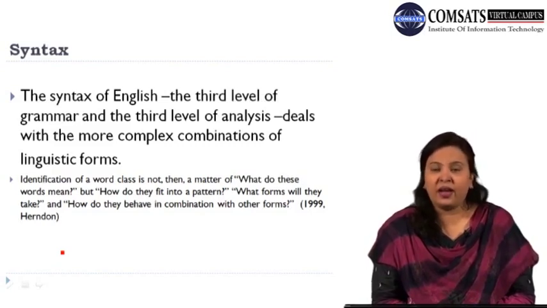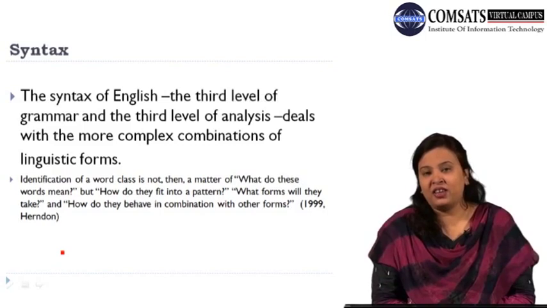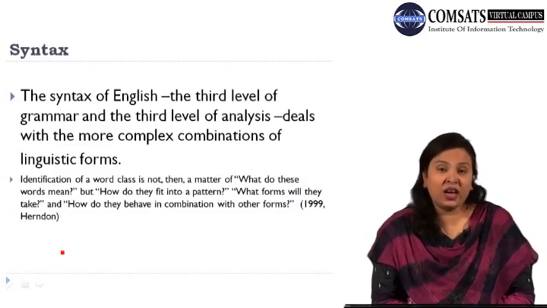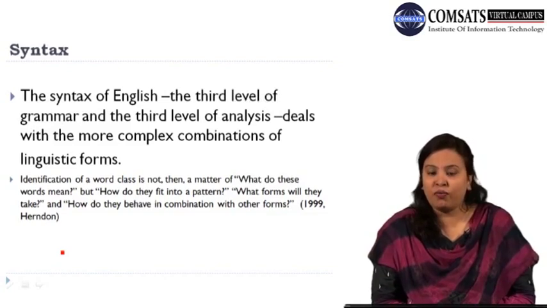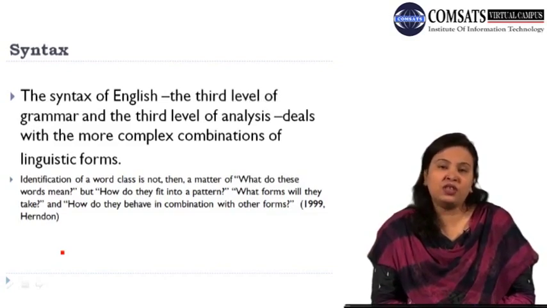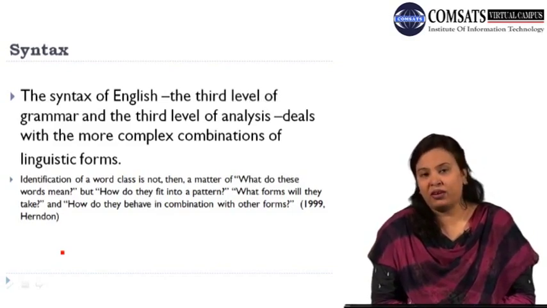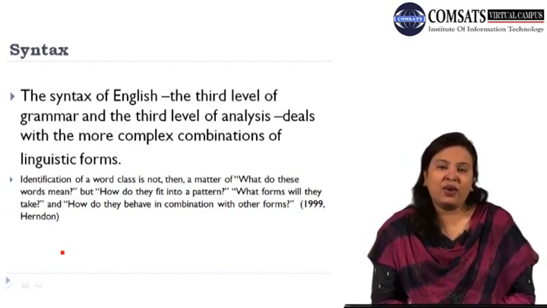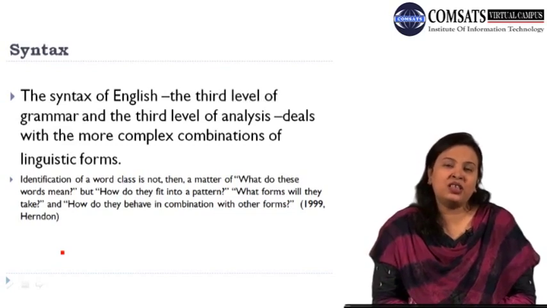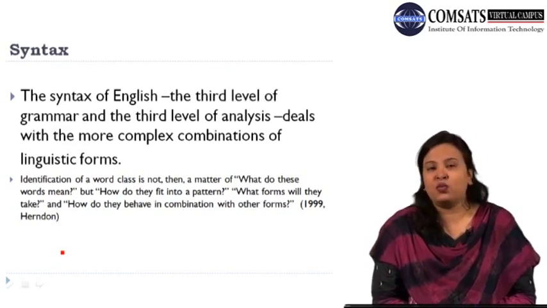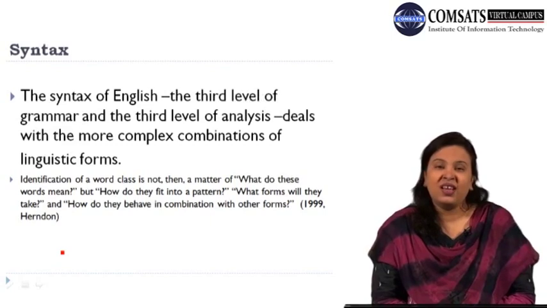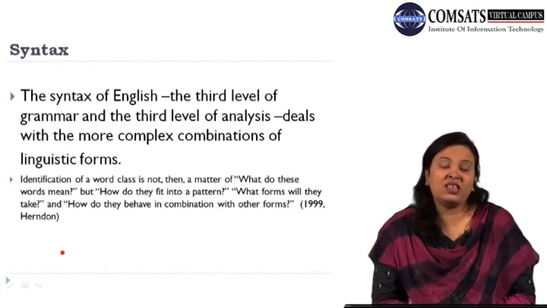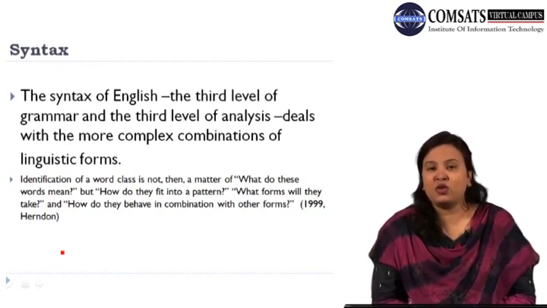According to Herndon 1999, identification of a word class is not a matter of what these words mean, but how they fit into a pattern. Once we identify these groups of words, there are certain words which are called nouns, there are classes known as adjectives, and there are classes of verbs.